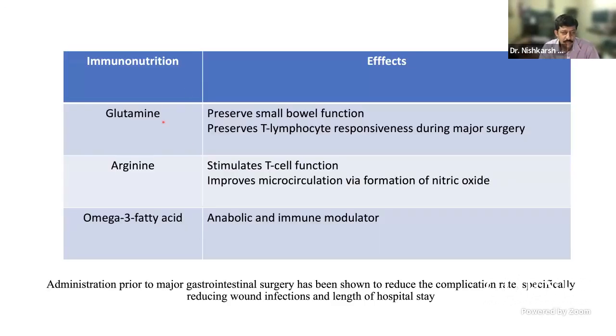The commonly used immunonutrition is glutamine, arginine, and omega-3 fatty acids. Glutamine tends to preserve small bowel function. Arginine stimulates T cell function and improves microcirculation via nitric oxide formation. And omega-3 fatty acid has anabolic and immune modulator function. So if you administer them prior to GI surgery, they are thought to reduce wound infections and reduce the length of stay.